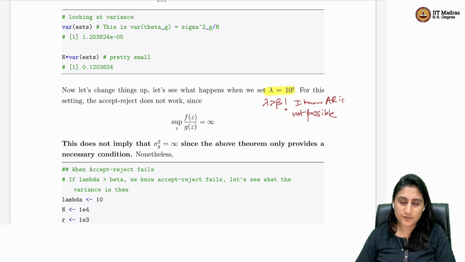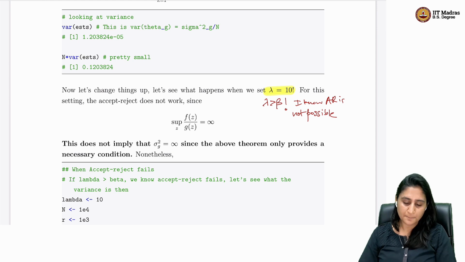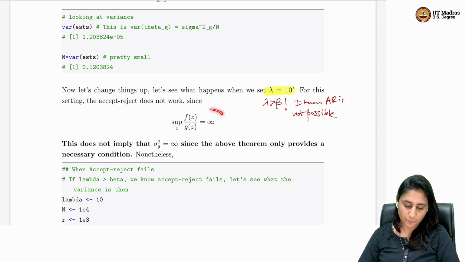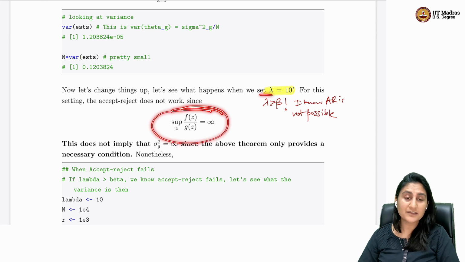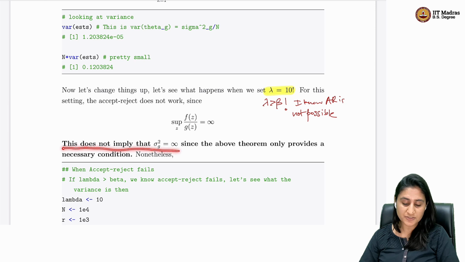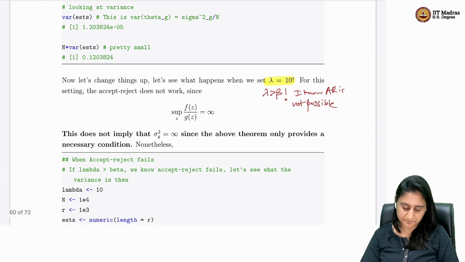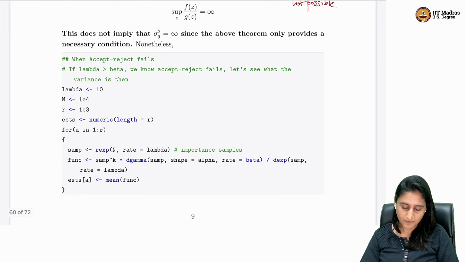It is just sufficient, implying that it is possible for the variance to be finite even when this does not hold true. For this choice, this is in fact equal to infinity, but this does not imply that sigma squared g will be infinity, since the above theorem only provides a sufficient condition, or in one direction a necessary condition.